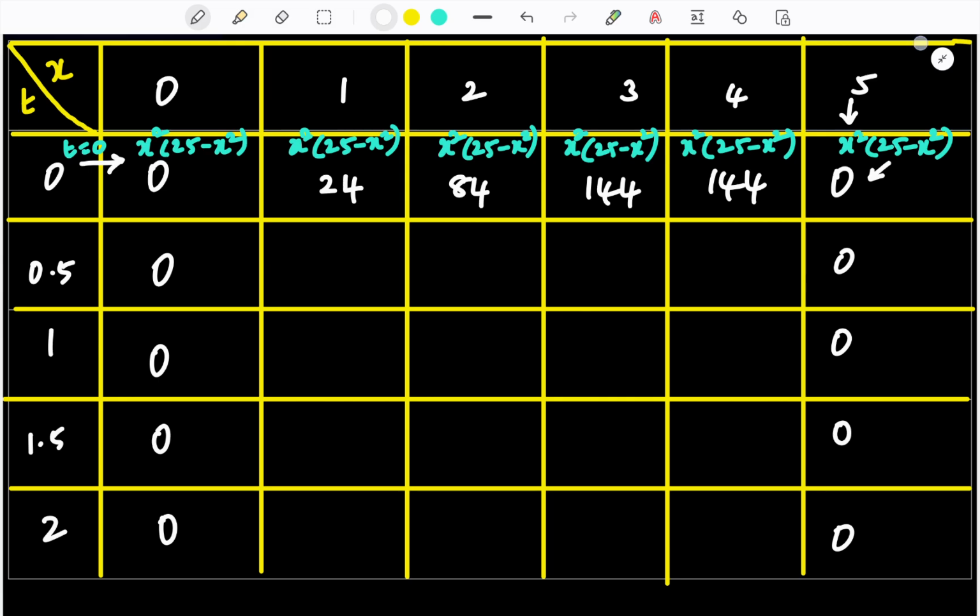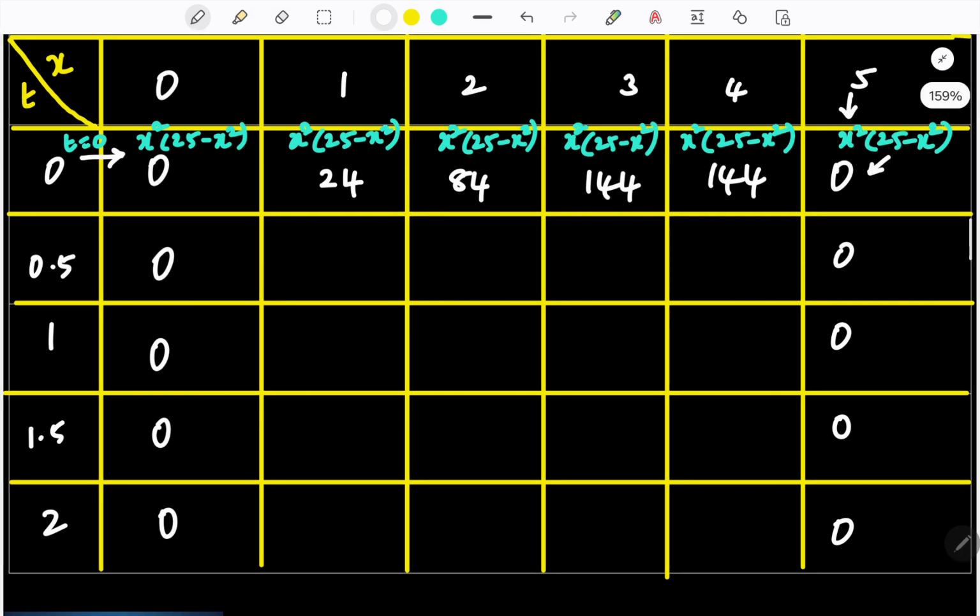Okay, so it's so easy. Keep in mind, if I want to fill up this one, I have to take this value and this value, and then divide by 2. 0 plus 84 divided by 2, 42.